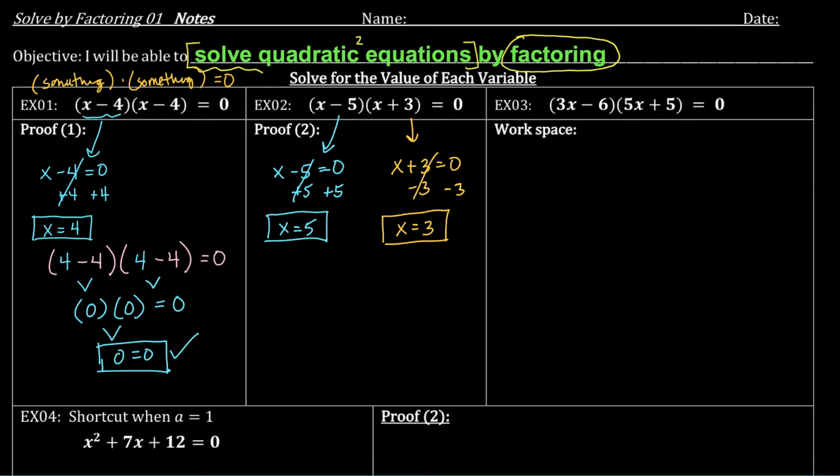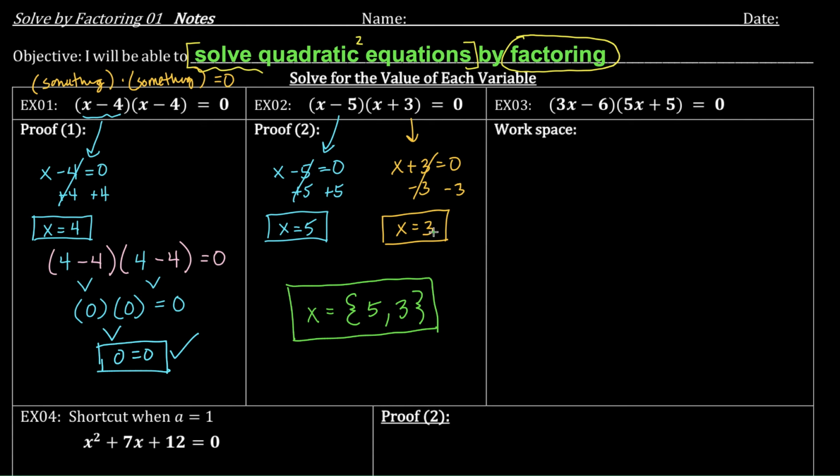So we actually have two solutions here. When this happens, you would just say x can be 5, and it can also be 3. Because if we do 5, it's 5 minus 5 is 0, and 0 times anything will give me 0.